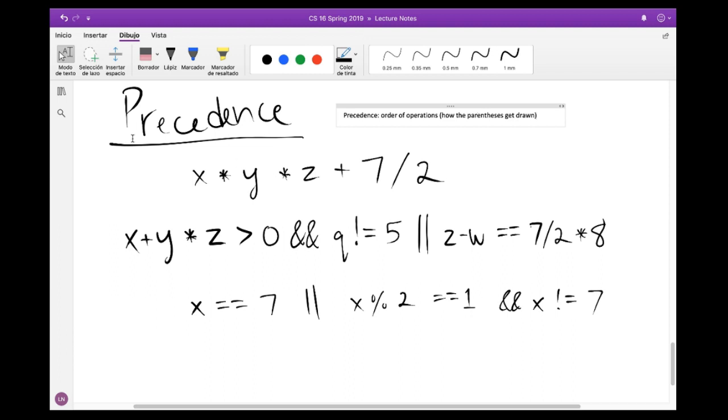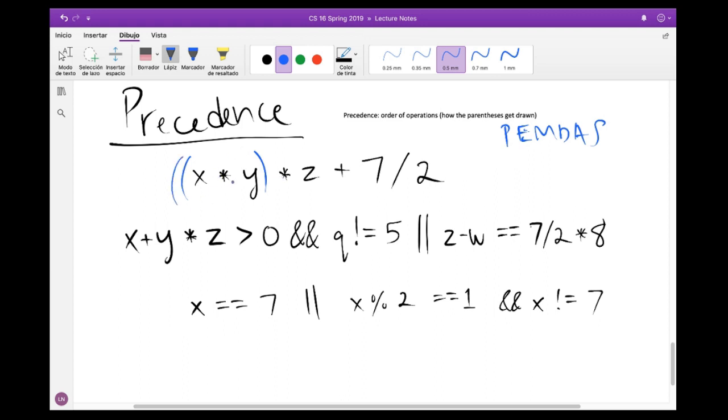So, if you remember from maybe math class a long time ago, you had that order of operations, PEMDAS or whatever. Everything that's in parentheses, then exponentiation, multiplication and division, addition and subtraction from left to right. So you would use that kind of order of operations to draw parentheses like this. So the first thing that's going to happen is this multiplication operation from left to right.